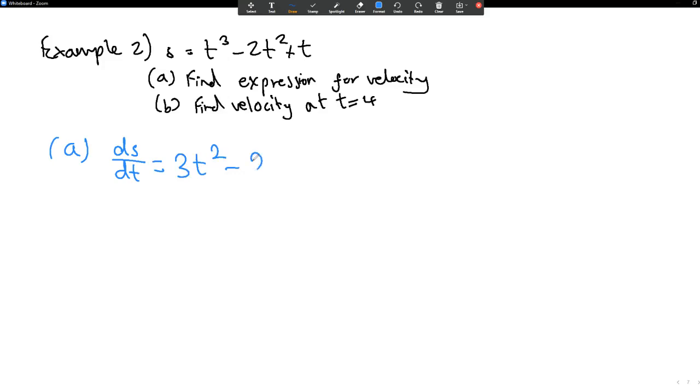Similarly here, we get 2t. And remember, if you only have the power of 1, we just get rid of the t, and it becomes a 1. So this is the expression for the velocity, because v is the derivative of s. If you want, we can write it out like so.